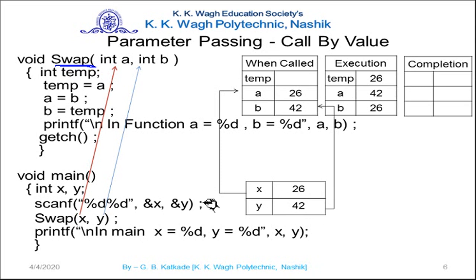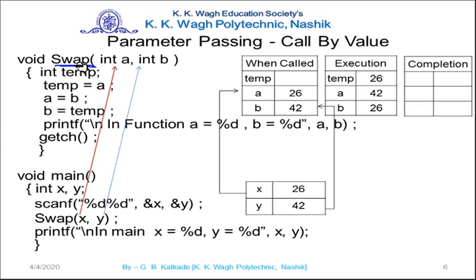When we read them with scanf, x is given 26 and y is given 42, and these variables x and y are created in the main function. The separate area is shown here. Now when you call the function swap, the execution transfers from main to the function swap.